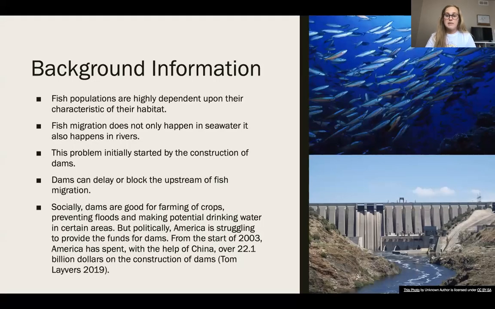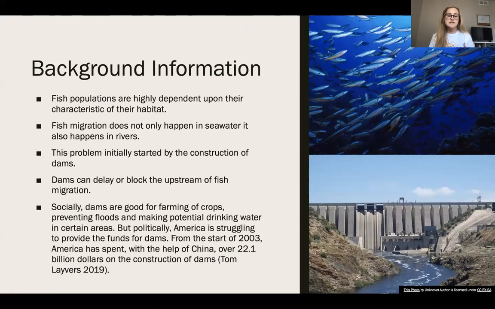So a little bit of background information about some fish. Fish populations are highly dependent upon the characteristics of their habitat.